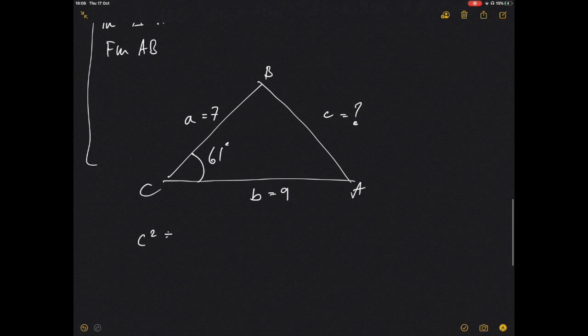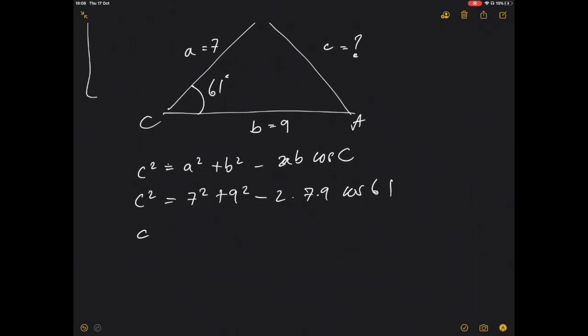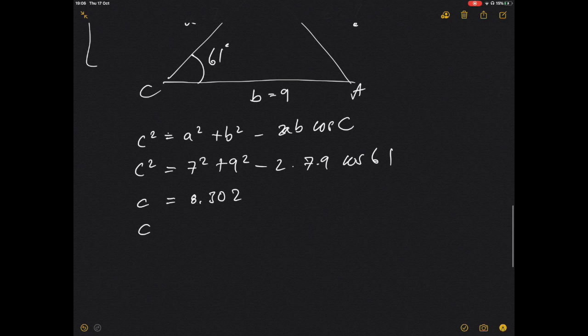So it would be c squared equals 7 squared plus 9 squared minus 2 times 7 times 9 cos 61. Our calculator then tells us the answer is 8.302, and then we can round that and neaten up as an exam style question, which would be C equals 8.30 centimeters to 2 decimal places.